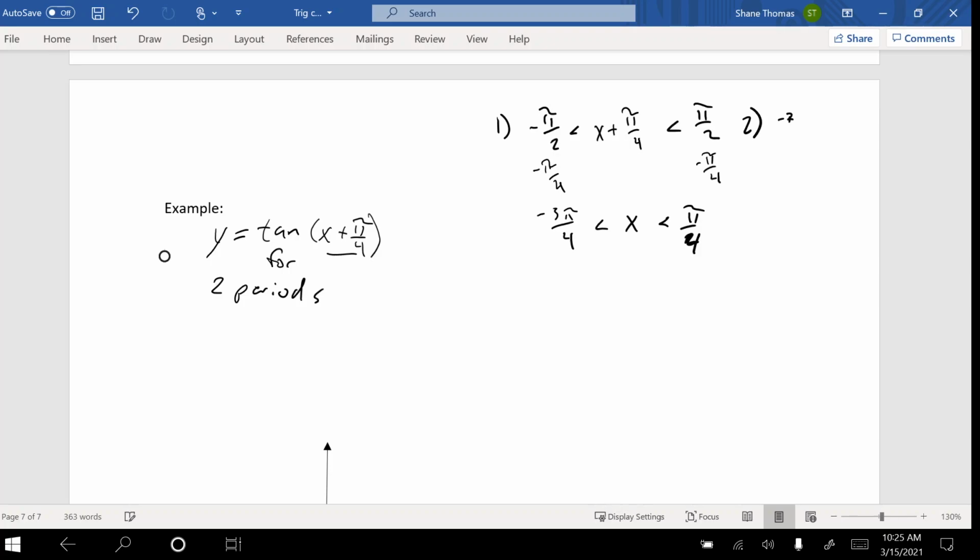So I could take negative 3 pi over 4 plus pi over 4 divided by 2. Okay, so that would be negative 2 pi over 4 over 2, which would be, flip that up, multiply by 1/2 on top, and negative 2 pi over 8, or negative pi over 4. So it's exactly the same that we just saw, right? So this is my x int.